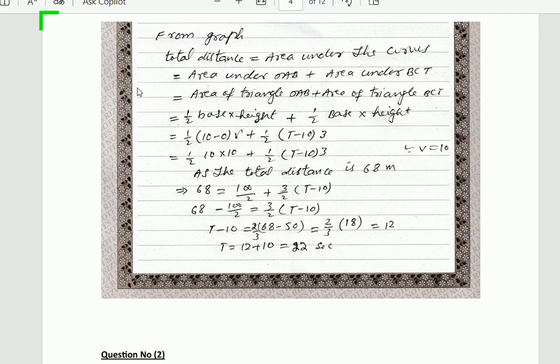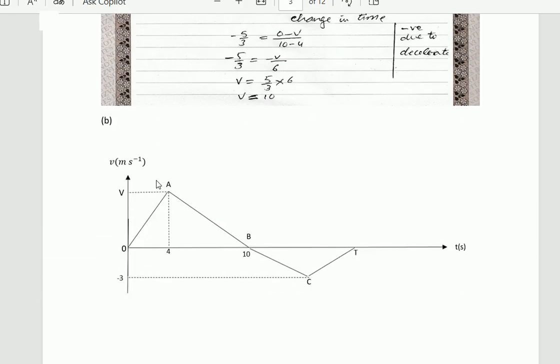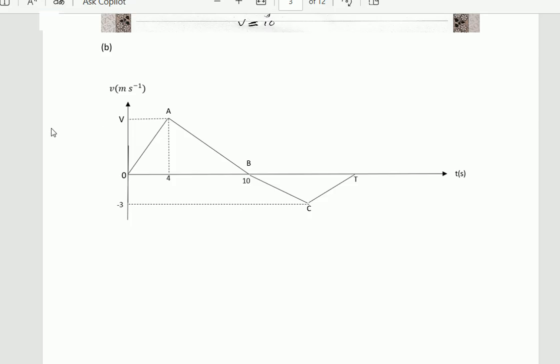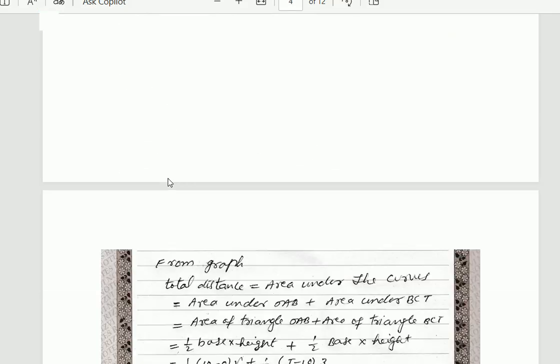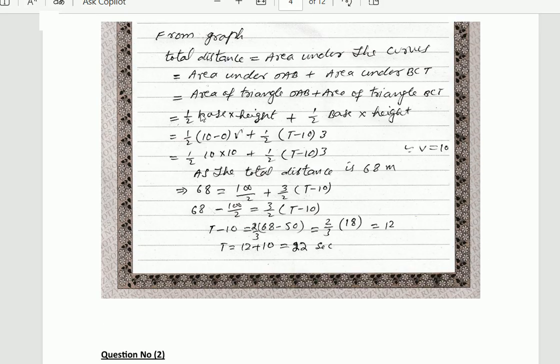To calculate the area of a triangle, the formula is 1/2 base into height. In the first triangle, the base is equal to 10 minus 0, and for the second triangle, the base is equal to t minus 10.